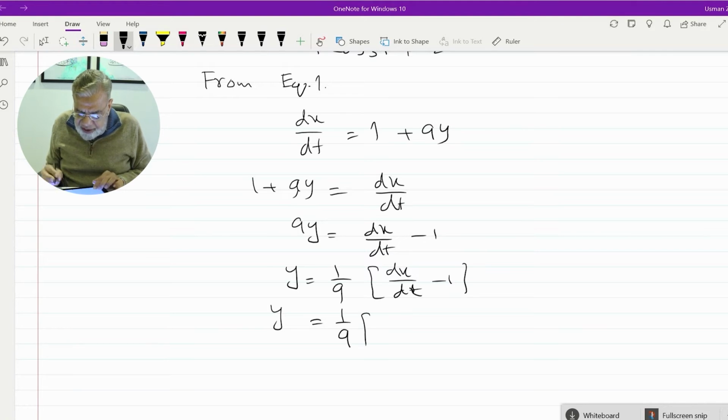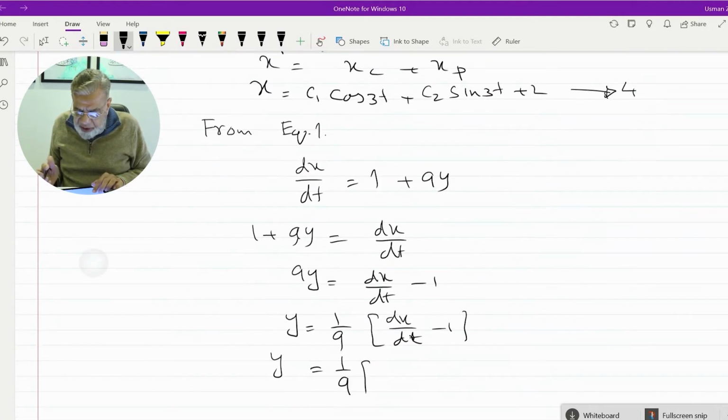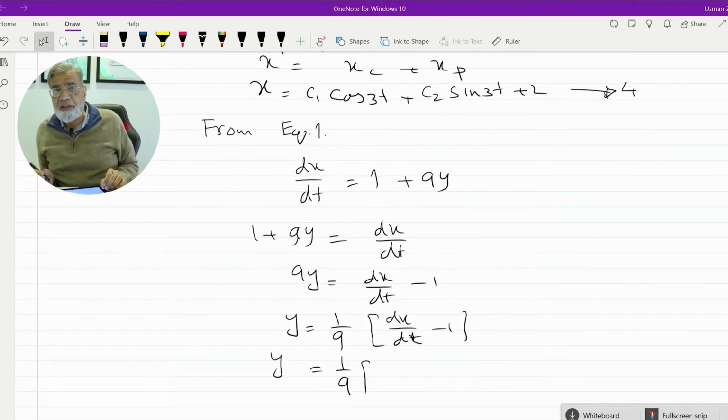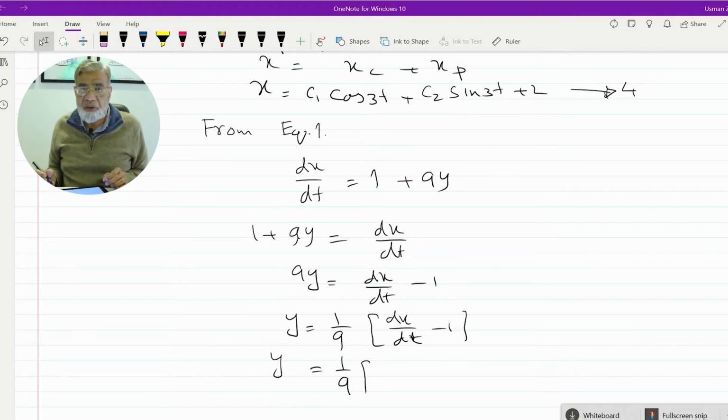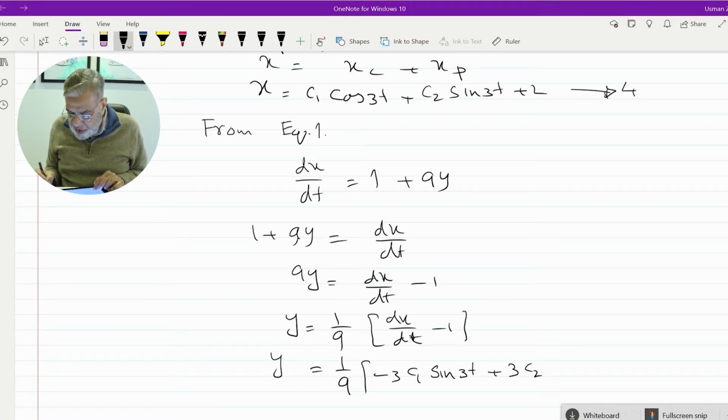So for my dx by dt, I just differentiate my equation. The derivative of cosine 3t is minus sine 3t, and the derivative of 3t is 3. So I get minus 3 c1 sine 3t. Then the derivative of sine 3t is cosine 3t times 3, which gives plus 3 c2 cosine 3t.